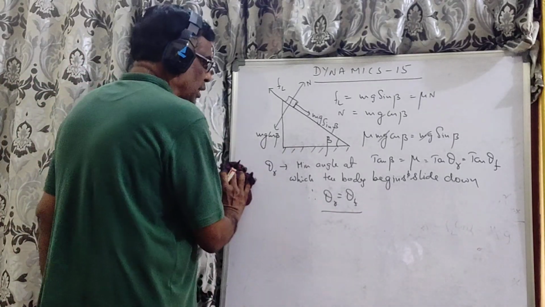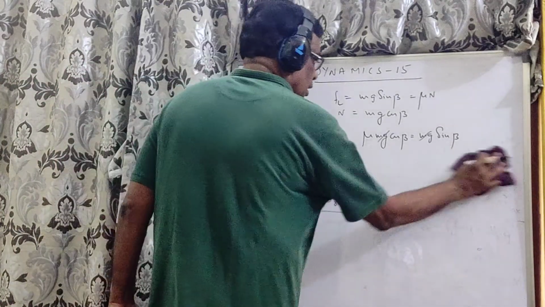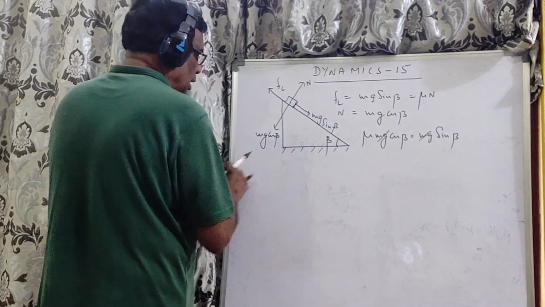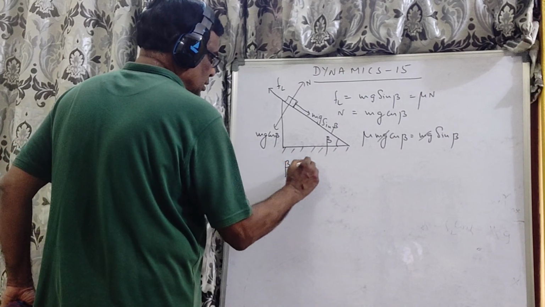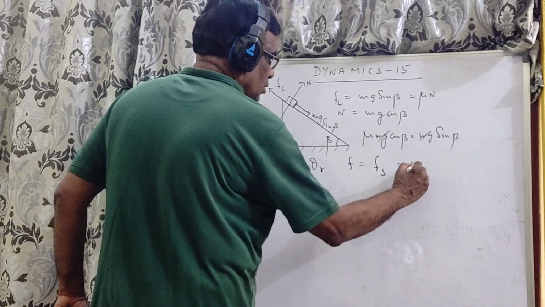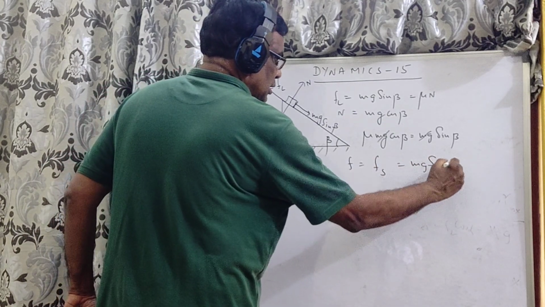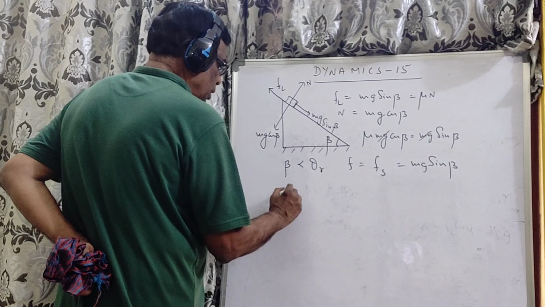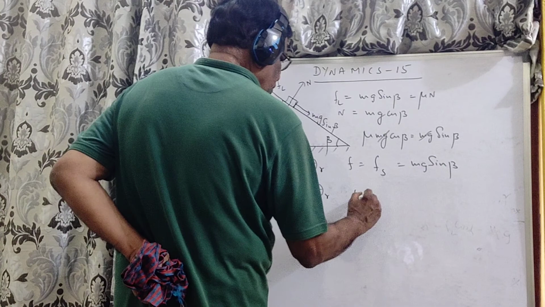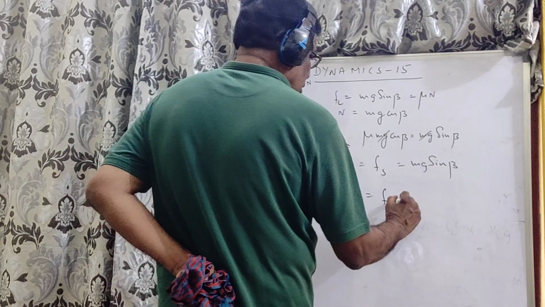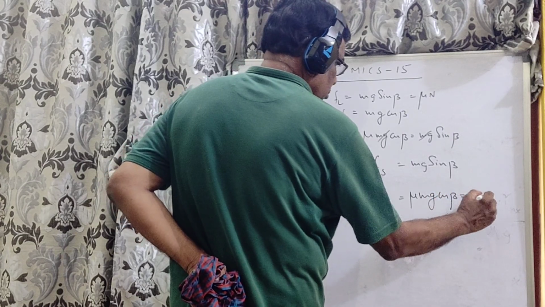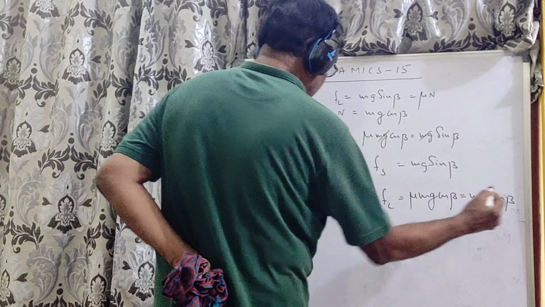Now what do you mean by this? For example, if beta is less than theta, f is equal to fs, which is equal to mg sine beta. If beta is equal to theta, f is equal to fl, which is equal to mu mg cos beta, just now we did it.